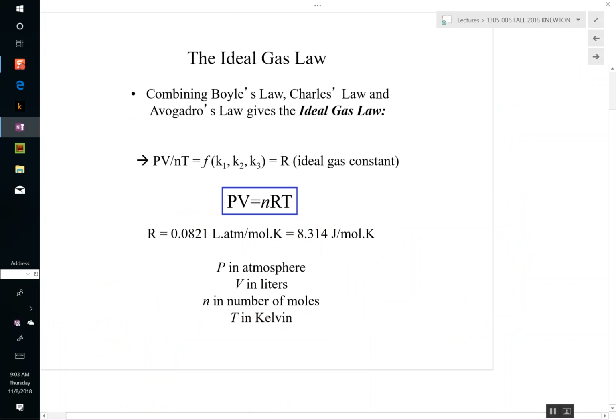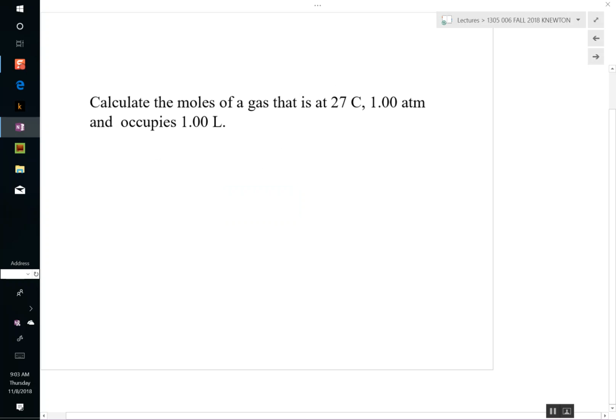All right, so when you do an ideal gas law calculation, you have to make sure your temperature is in Kelvin. You know that for all gas laws, but for the ideal gas law, the amount of the gas needs to be expressed in moles, the volume of the gas needs to be expressed in liters, and the pressure of the gas needs to be expressed in atmospheres. So if you're given a pressure in millimeters of mercury, you have to convert it to atmospheres to do an ideal gas law calculation.